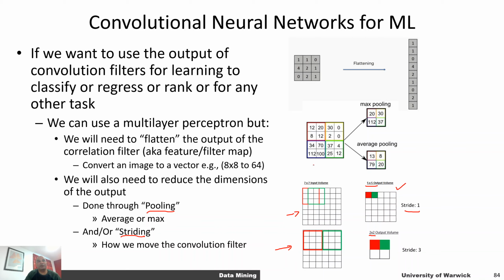The other way we can do, for a fixed stride, is we can try to do pooling. So once we get the output for a given convolution, we can take the maximum value of that image. Let's say you got this input image over here, and this is the convolution output over here.